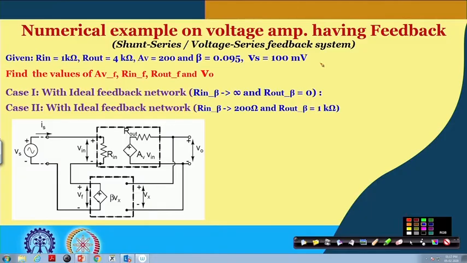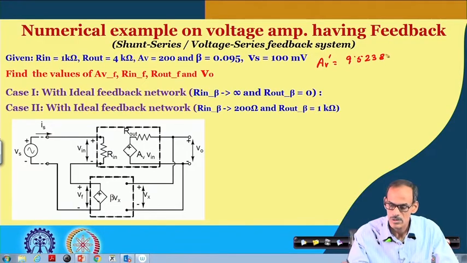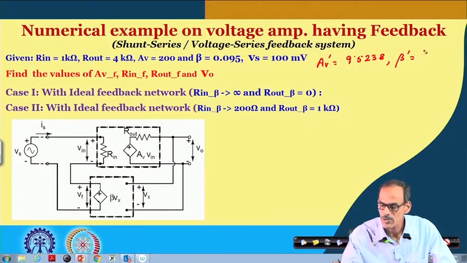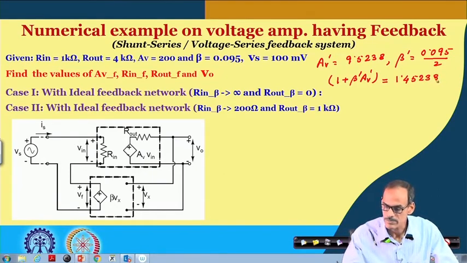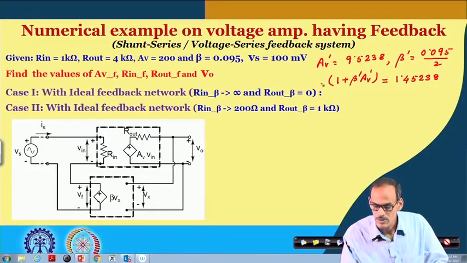Let me also keep AV dash, which we just obtained, 9.5238, and beta dash, 0.095 by 2, and also 1 plus beta dash and AV dash, which is the desensitization factor, 1.45238.